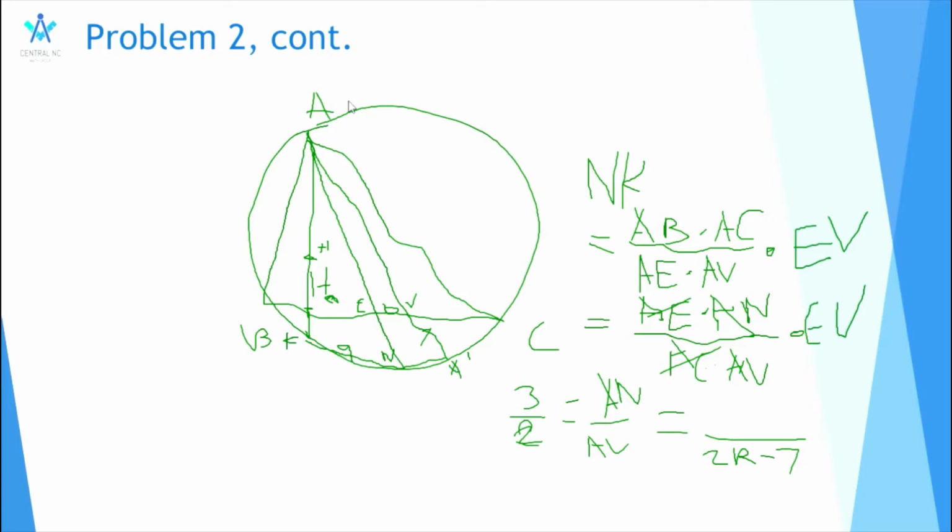And AN, what is AN? Well, look, AA prime is a diameter, so angle ANA prime equals 90. But A prime N, this is another helpful part of why we decided to invert. A prime N has length 9, AA prime has length 2r, so we use Pythag. So AN has length root 4r squared minus 81.